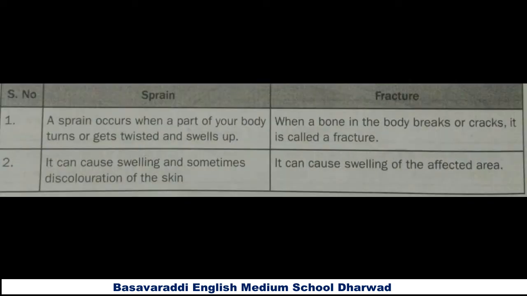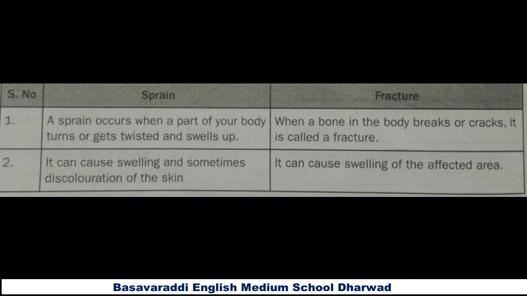The question is, differentiate between sprain and fracture. Here is the answer for the question. Here also there are two columns. The first one, sprain, and second column is fracture. In the sprain column, a sprain occurs when a part of your body turns or gets twisted and swells up.